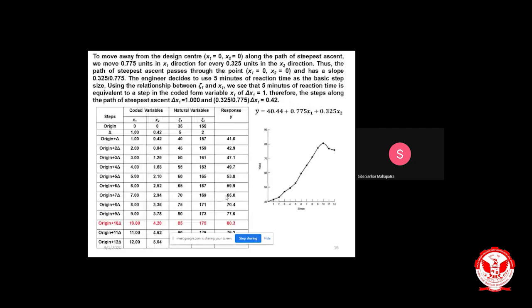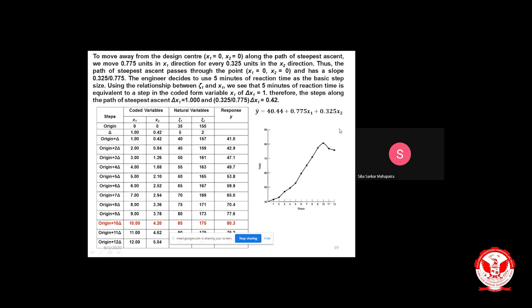Now, you have checked that at present the linear model is correct. So we got the equation y hat is 40.44 plus 0.775 x1 plus 0.325 x2.